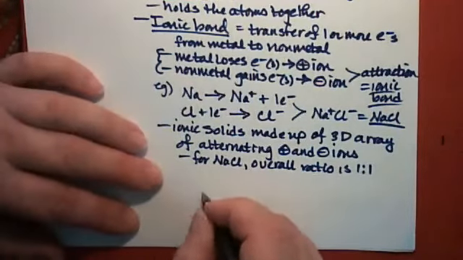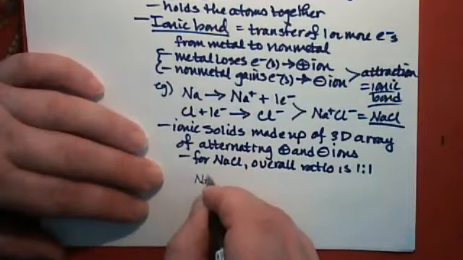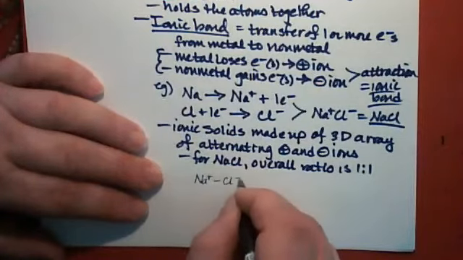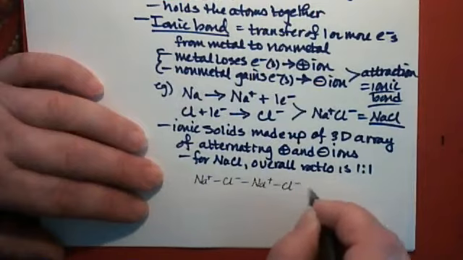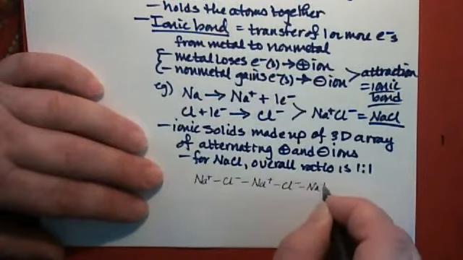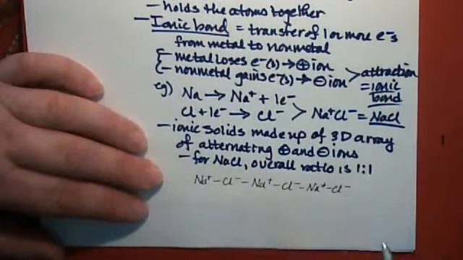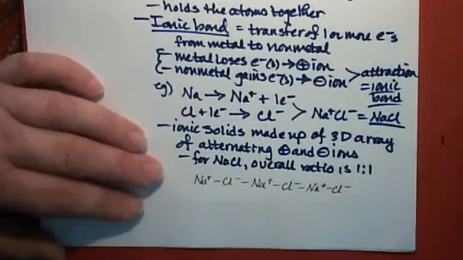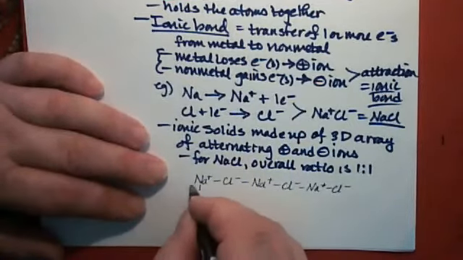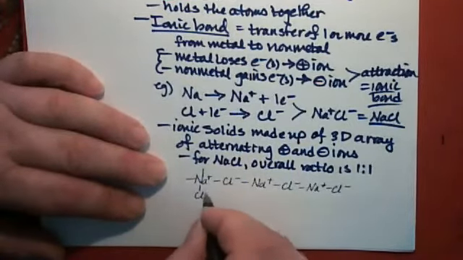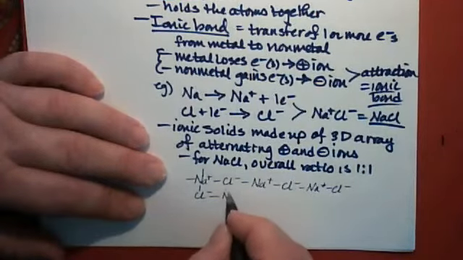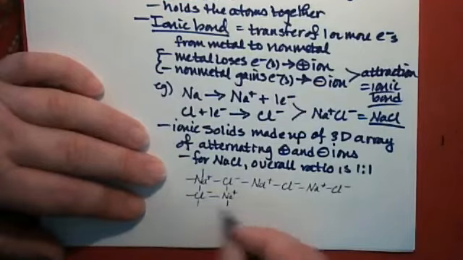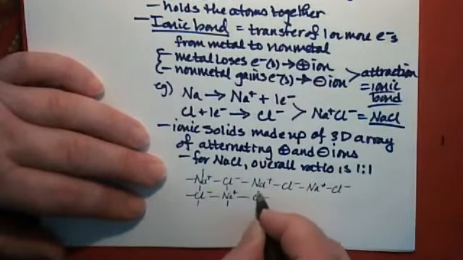If you were to look at a piece of NaCl, it would look something like this. You'd have a sodium ion and a chloride ion, and then another sodium ion, and then another chloride ion, and so on and so on. But this sodium ion would also be attracted to other chloride ions around it. And this chloride ion would be attracted to more sodium ions. And so on and so on.